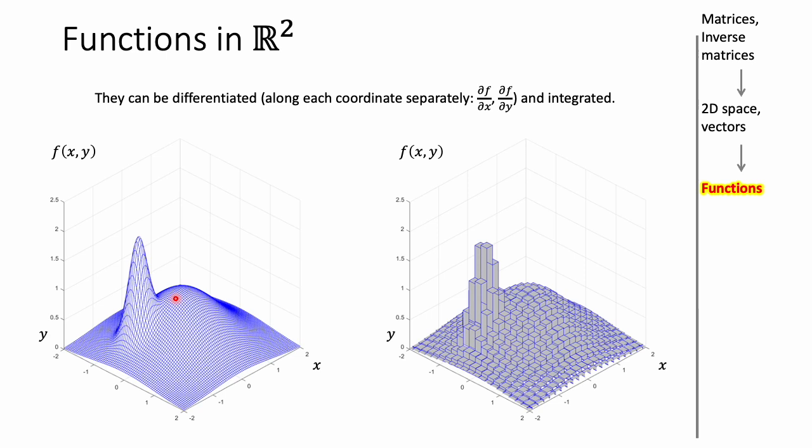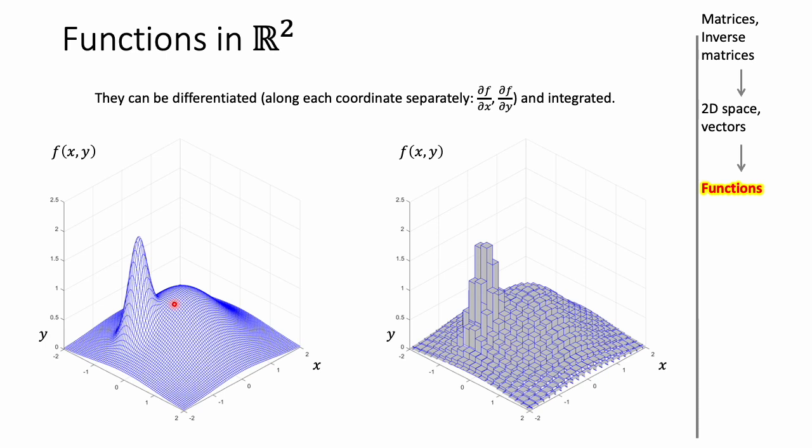In order to compute the derivative of this function, you essentially can compute two values. You can fix the y coordinate and interpret the function f of x and y as a function f of x with y being constant, and differentiate this function. It's going to be the derivative in this direction. And also you can fix x and differentiate this function along the y direction.